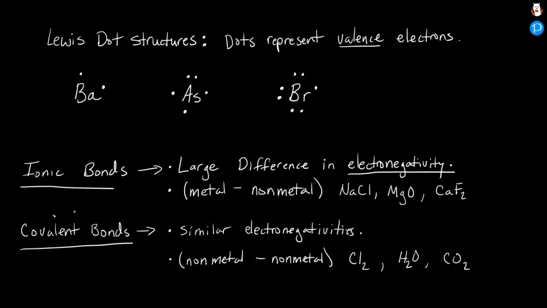Whereas with a covalent bond, this is where the electronegativities are pretty similar. And for this, it's typically between two nonmetals that are bonding. So for example, a Cl2 molecule where I've got two chlorine atoms bonded together, or H2O where I've got two hydrogens bonded to an oxygen, or CO2.